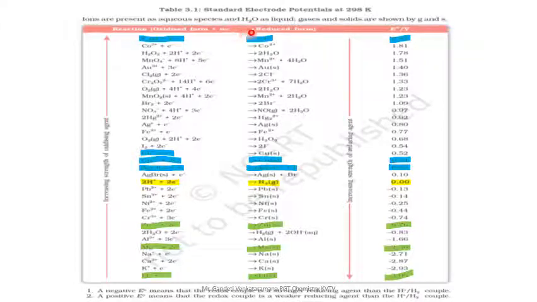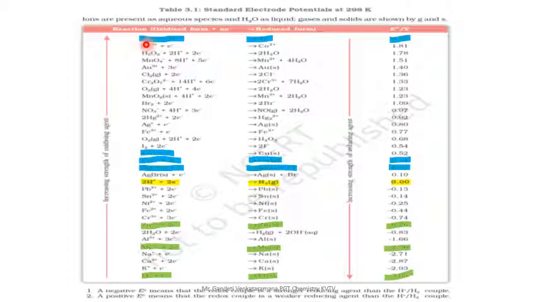Reduction takes place, and this is the potential value. Here values are given. You do not need to memorize all these values, but try to understand, because we will learn something here.